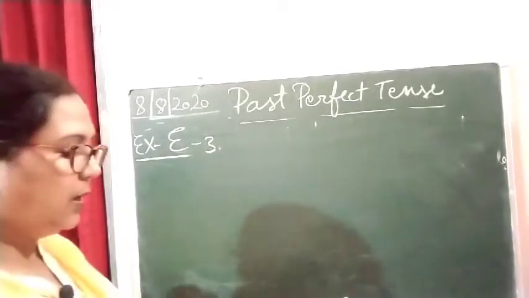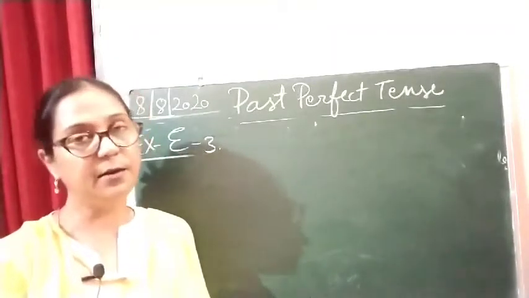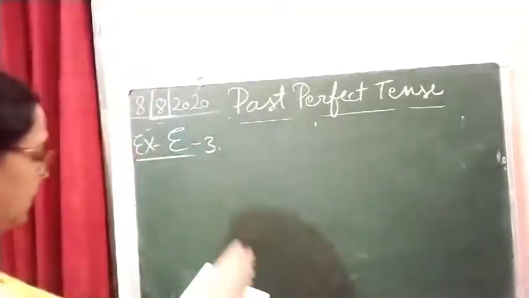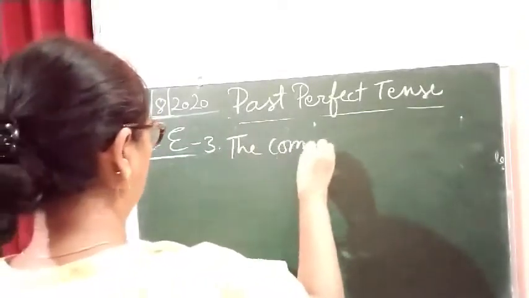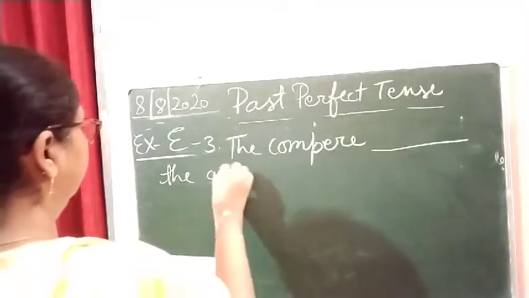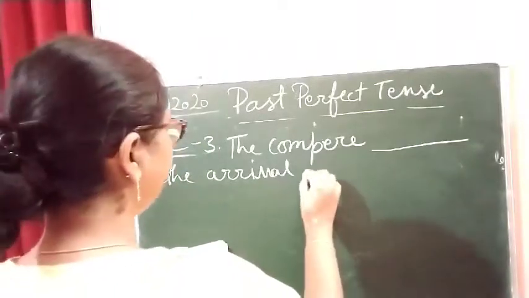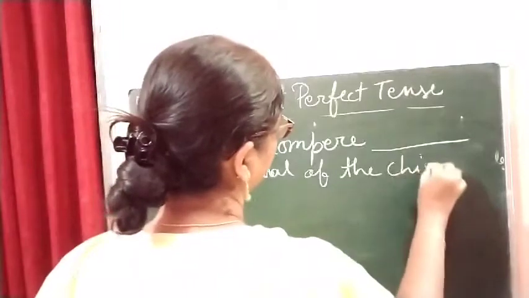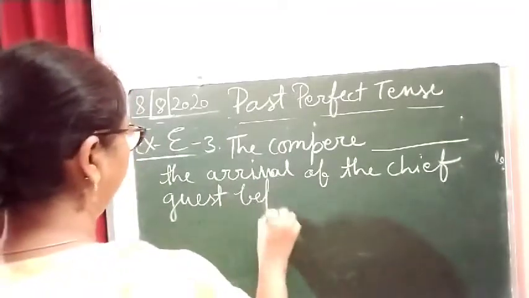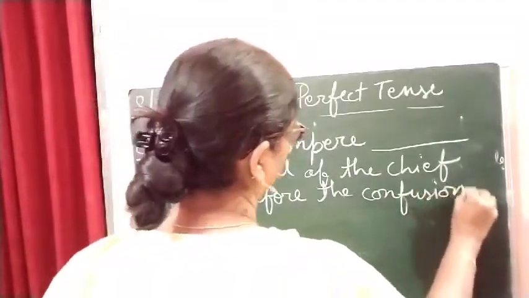Number 3: The compere dash the arrival of the chief guest before the confusion started.